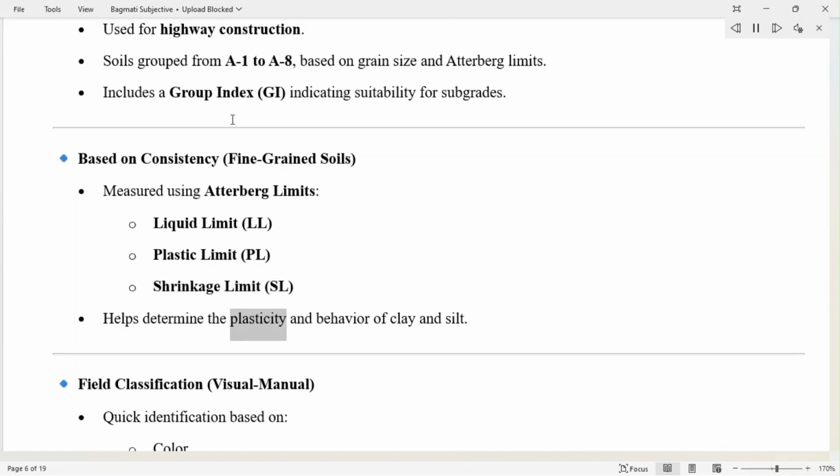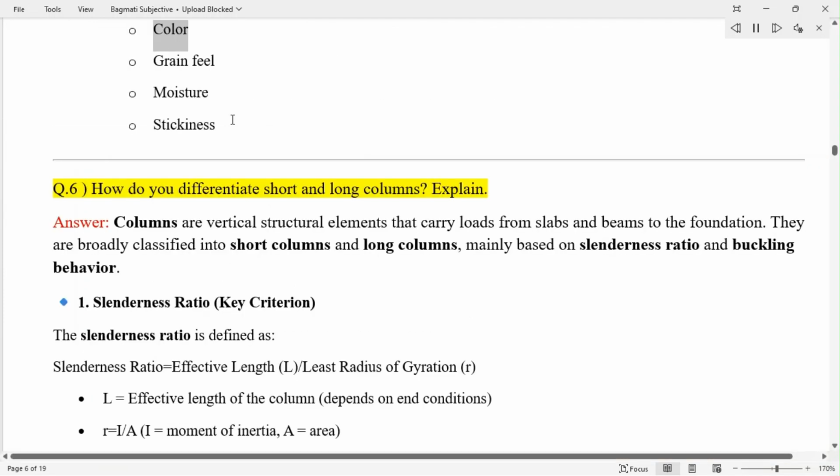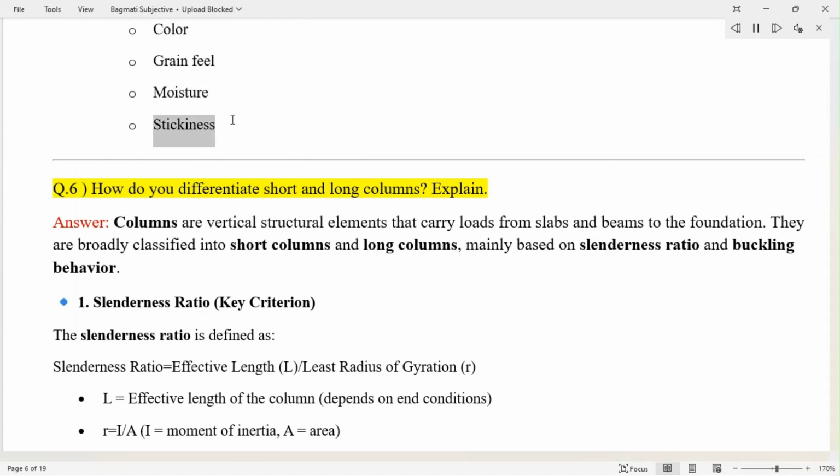These help determine the plasticity and behavior of clay and silt. 4. Field classification, visual-manual: quick identification based on color, grain feel, moisture, and stickiness.